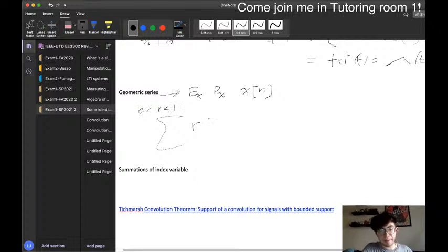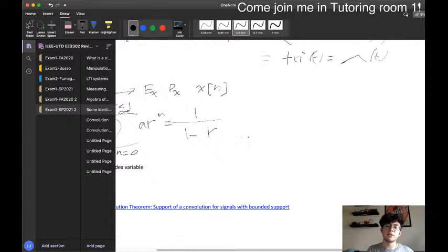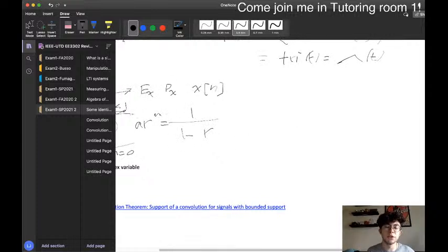If we sum a bunch of exponentiated versions of this r from 0 to infinity, then we get the identity 1 over 1 minus r.